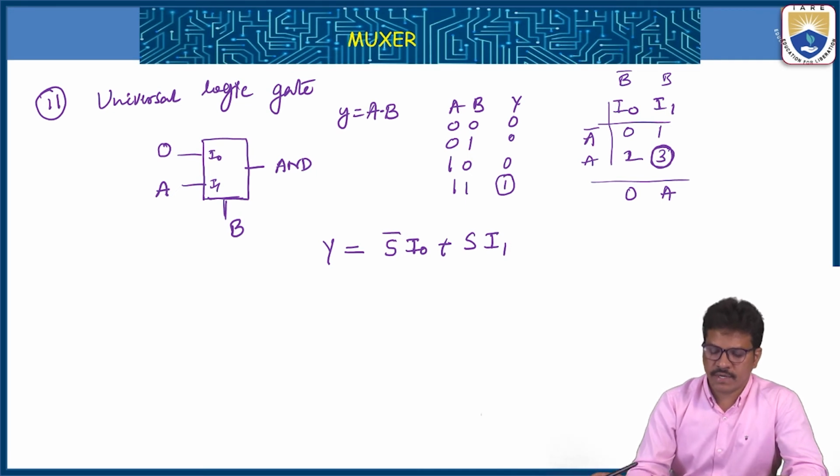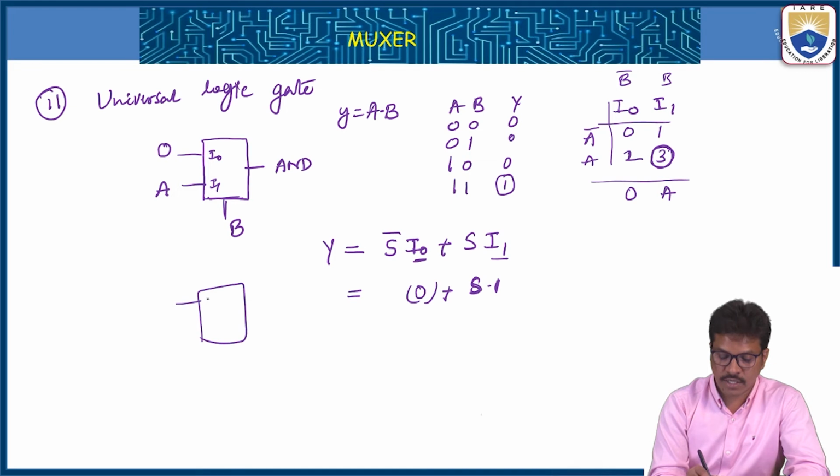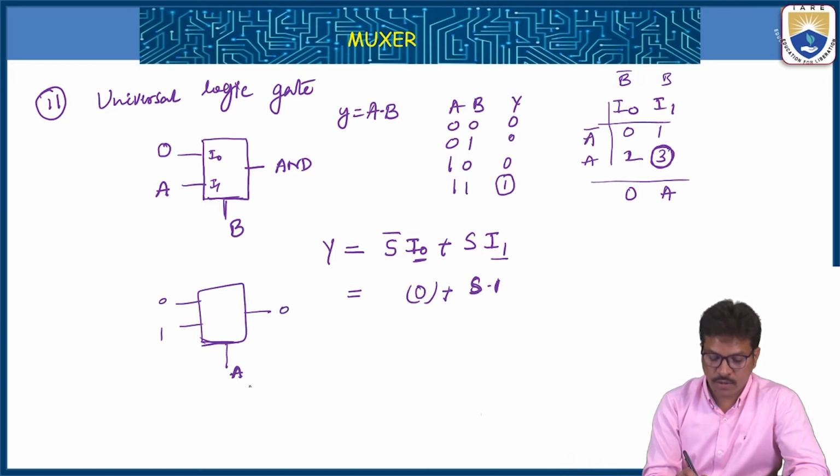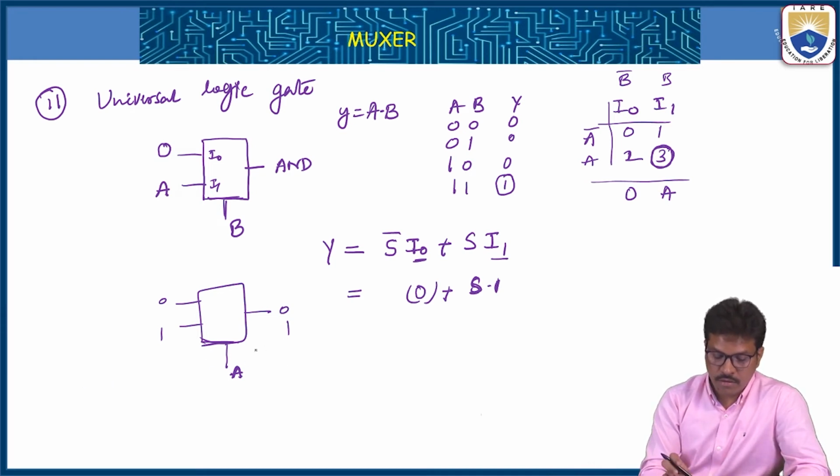For example, S is equal to 0, you take I naught, and when S is 1, you take I1. Whatever you connect, for example A, the output is simply: if A is equal to 0, you will get 0, and if A is equal to 1, you will get 1.